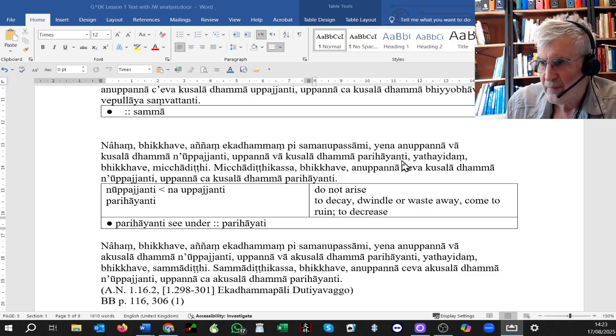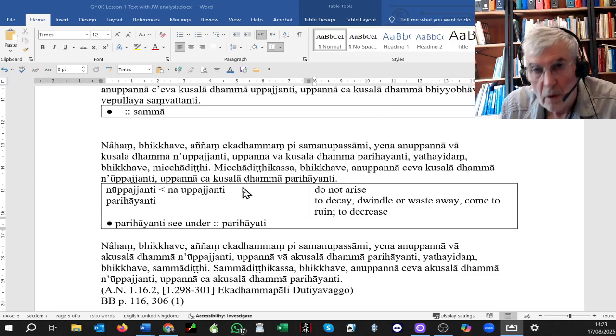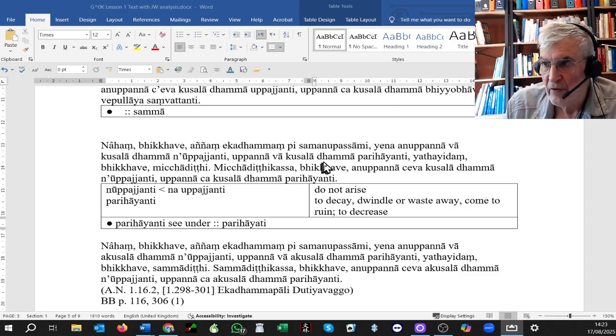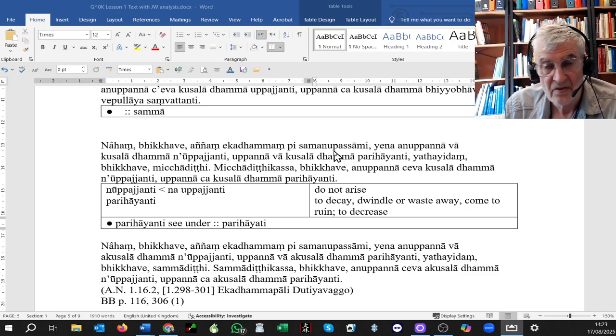So no other single phenomenon or state do I discern whereby unarisen good states do not arise, and already arisen good states get lost, vanish, decrease, as this, O monks, micchaditthi, false view.